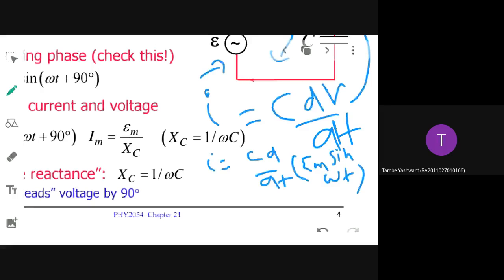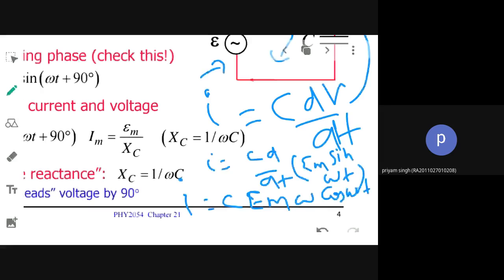Em is a constant that I can take out. d by dt of sin omega t is omega into cos omega t.